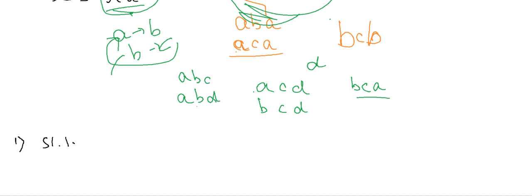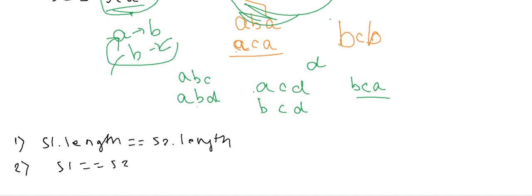So S1 length should be equal to S2 length. Otherwise, we cannot do the transformation. The second rule is if S1 is equal to S2, then we just return true. So these are the edge cases that I am covering.